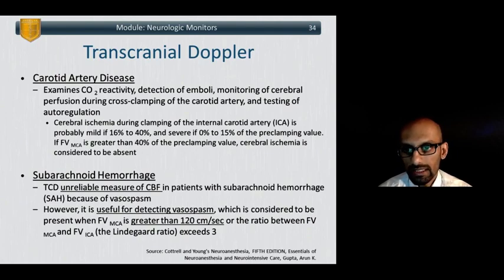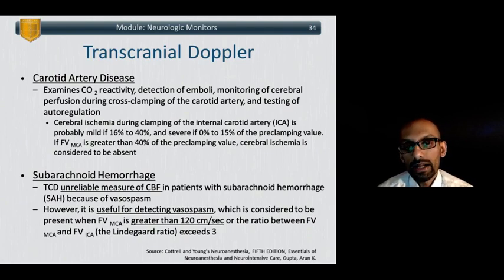Obviously, you're going to get a drop-off in flow, but these are the rough ranges where you're trying to assess how much risk there is of cerebral ischemia. If the flow velocity of the middle cerebral is greater than 40% of the pre-clamping value, then cerebral ischemia is largely considered to be absent, and everything is considered safe.